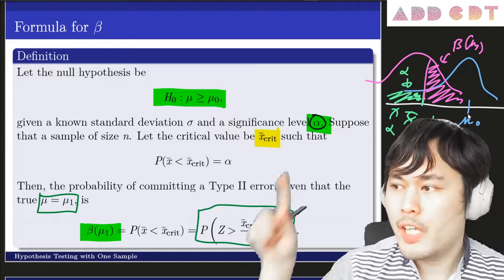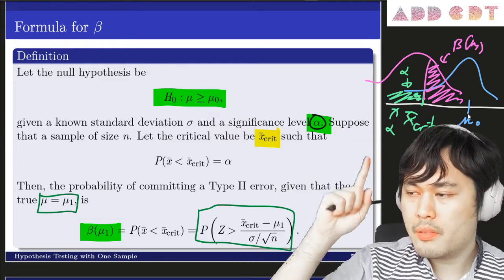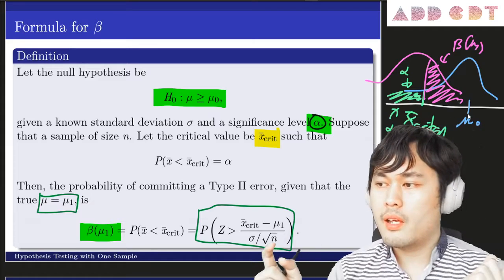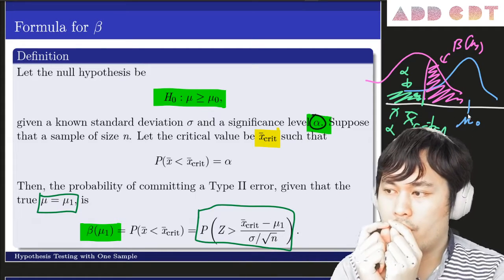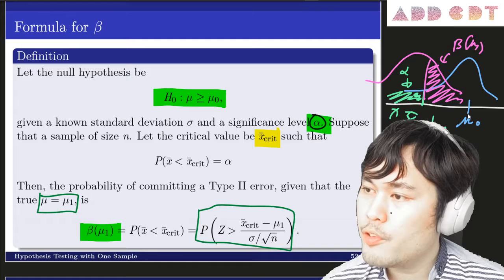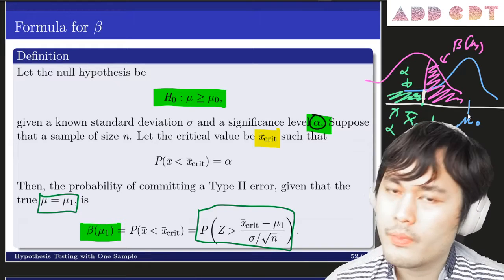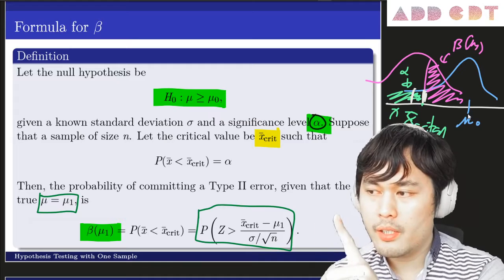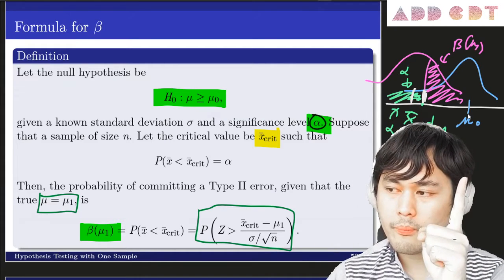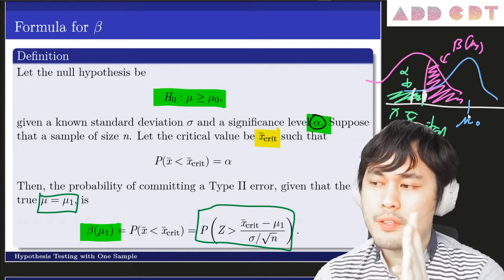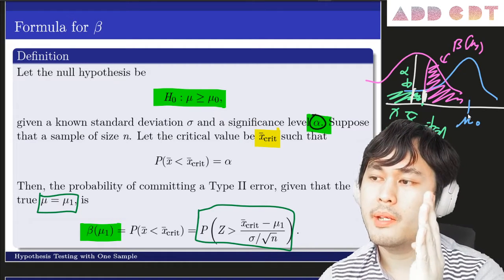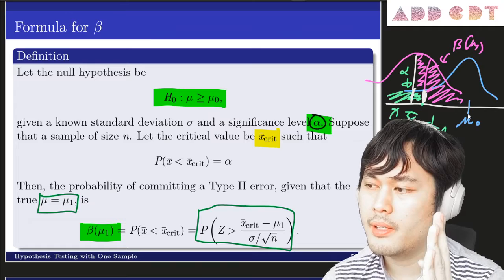By the way, if you understand this image, then you can immediately see that alpha and beta are correlated. If you move this part to the left, the alpha is going to get smaller. It's going to lose some area, but beta now has a larger area.